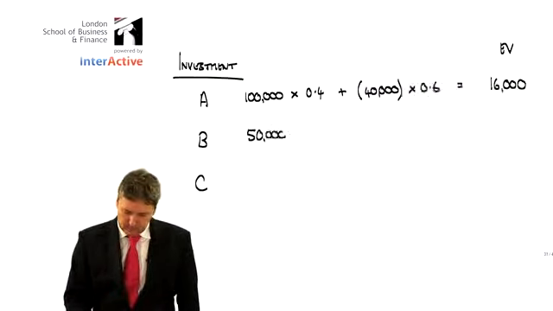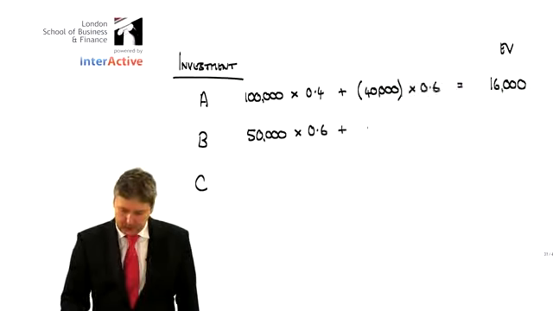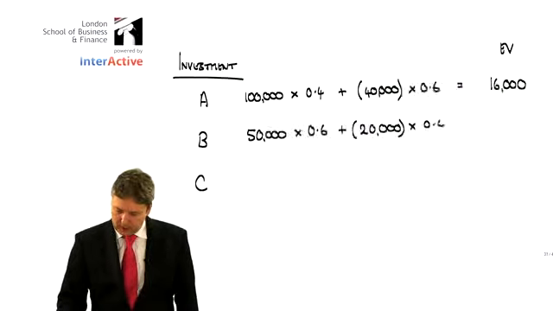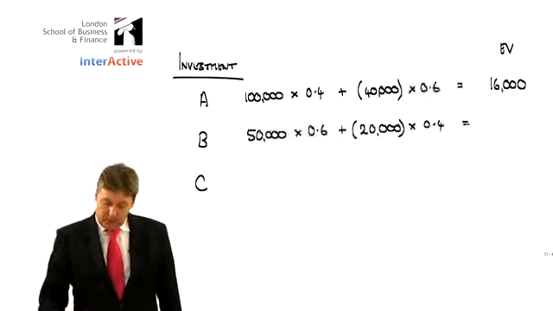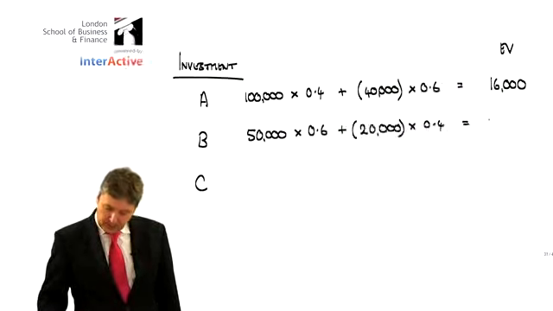B, 50,000 was the upside potential multiplied by 0.6, plus minus 20,000 multiplied by 0.4, comes to 30 minus 8, which is 22,000.